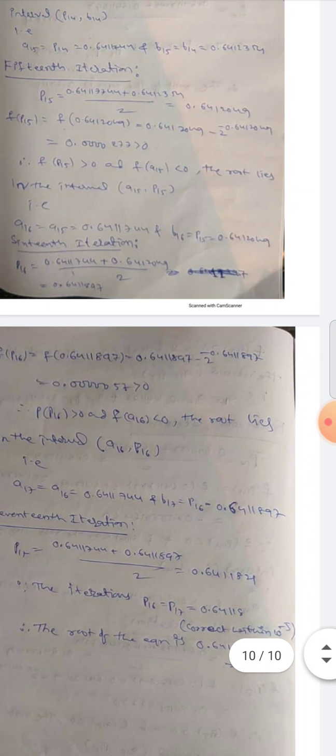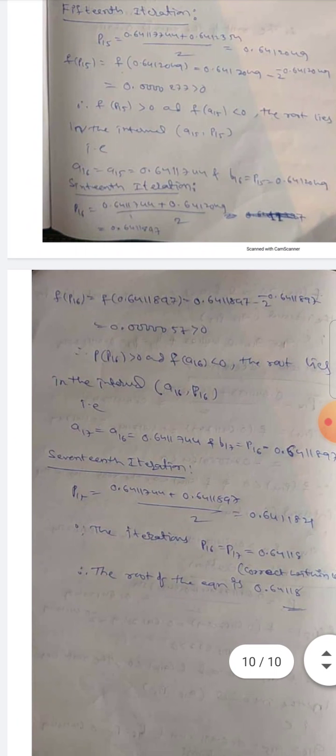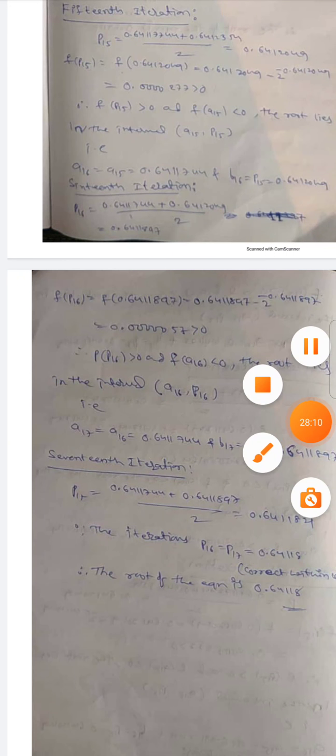16th iteration. P16 is equal to 0.6411 plus 0.641249 by 2 is equal to 0.6411897. Next, f of P16 is equal to 0.5057. This is greater than 0.